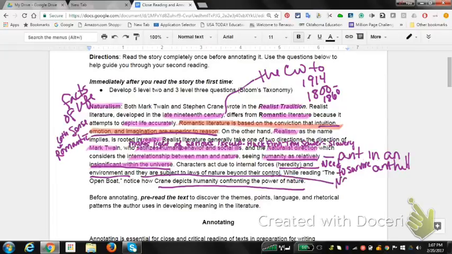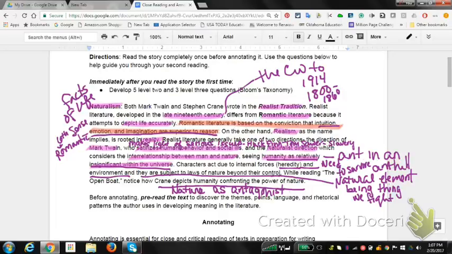Natural elements being the thing we fight. Okay. And then the idea of nature as antagonist. Okay.